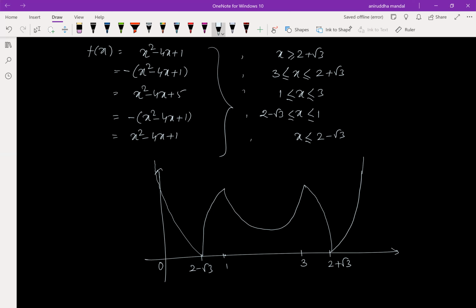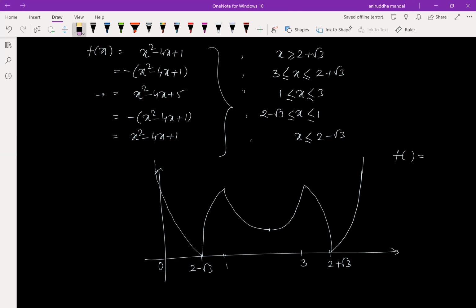So let's find some points. Let's find the point at 3 here, the minimum point here, and 1 and 3 will be the same. So let's put f3. f3 or f1 is the same, so let's put f1.